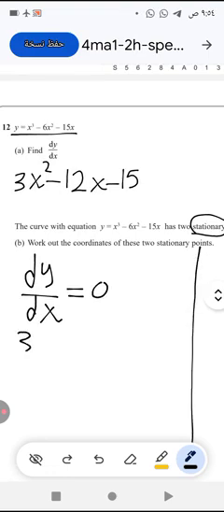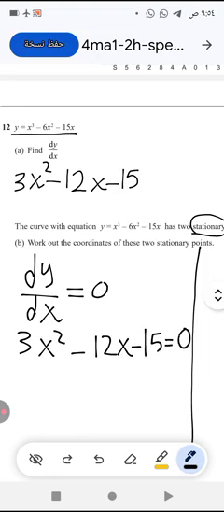Now 3x squared minus 12x minus 15, this is dy over dx equals 0. Simplify this quadratic equation, divided by 3. We get x squared minus 4x minus 5 equals 0.